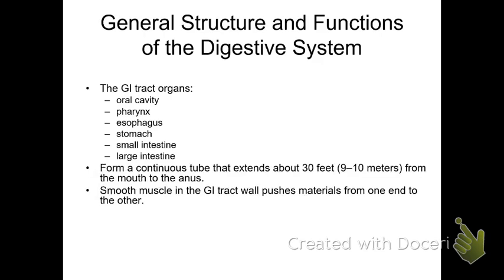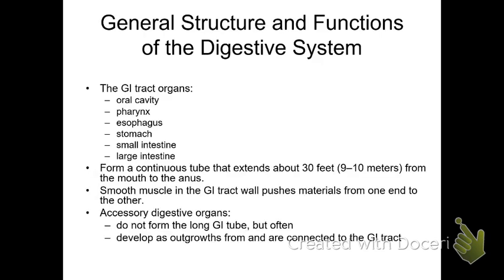So I've already mentioned most of these structures, the GI tract organs. The digestive system is made up of about 30 feet of tubes from mouth to anus, a pretty substantial distance. Along the way, most of the way, there's smooth muscle.